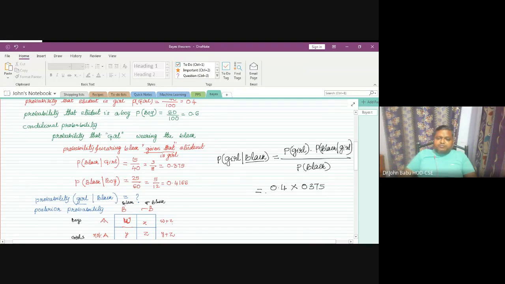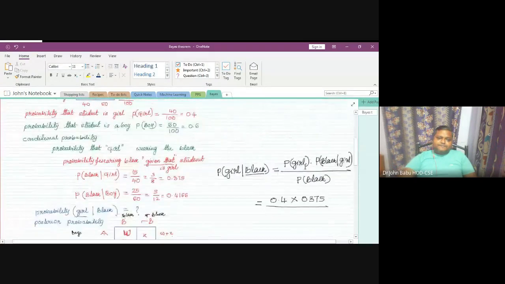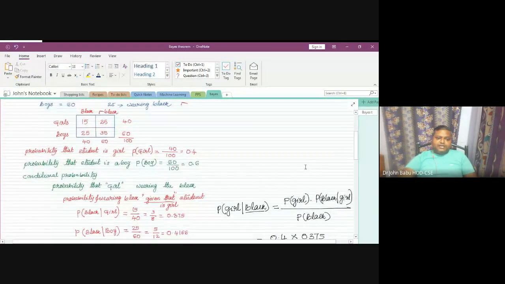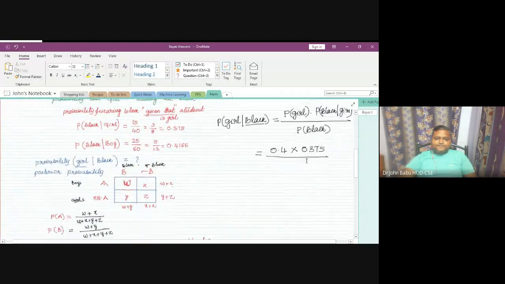And what is the probability of black? We have to calculate it.